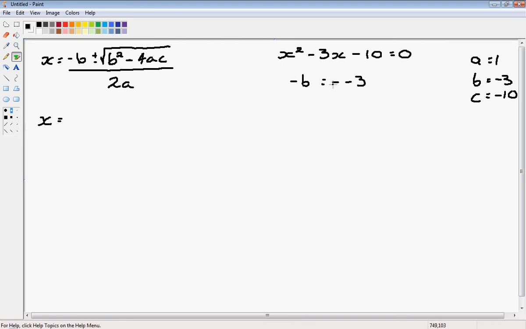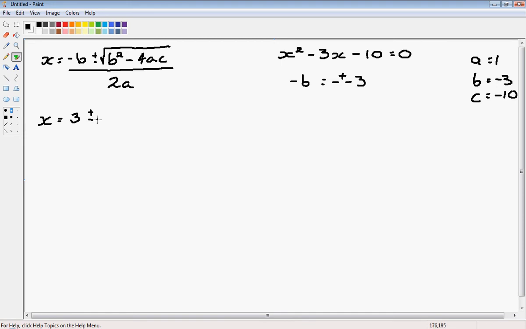Now here we can see the two signs can touch, so a minus and a minus, if they can touch, produce a plus, so we get plus 3. So we just write here 3. You can write plus 3 if you want to.